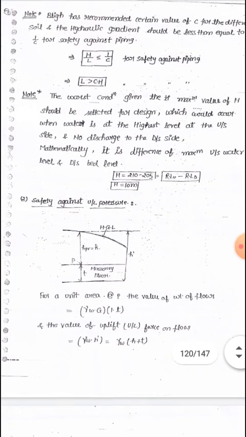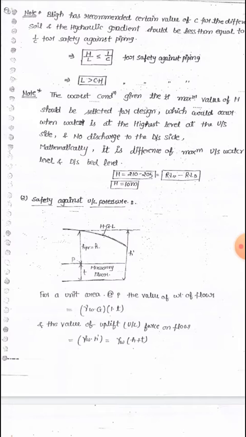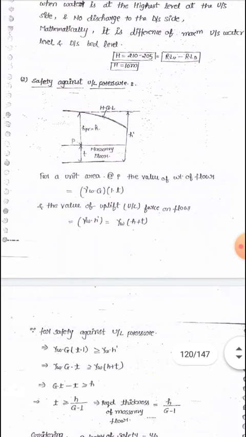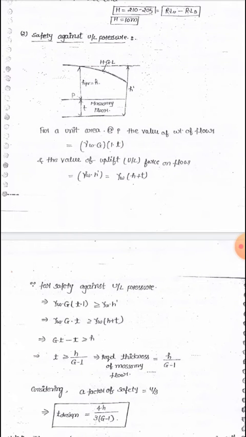So total uplift pressure at the base of the floor will be gamma W into H plus T, and the total weight of the floor will be equal to gamma W into G into L1 into T. So therefore for the safety against uplift pressure, the weight of this floor should be greater than the uplift pressure, and we equate the weight of the floor to the uplift pressure.